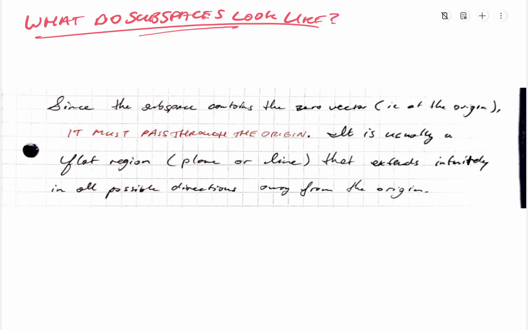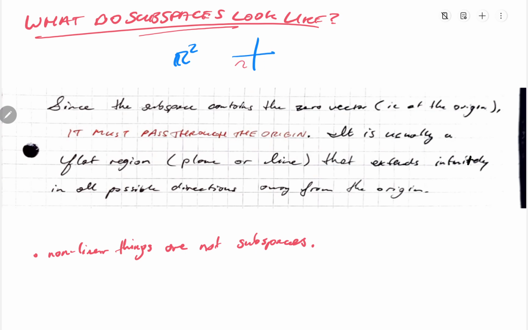That means nonlinear things are not subspaces. So in R2, we would have a line going through the origin, and that would be a subspace.